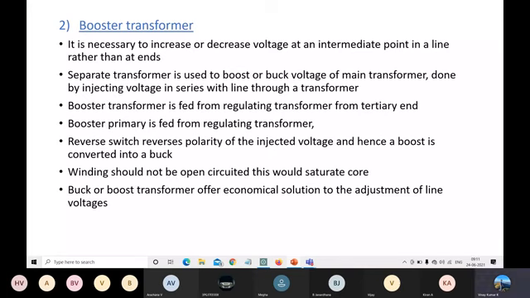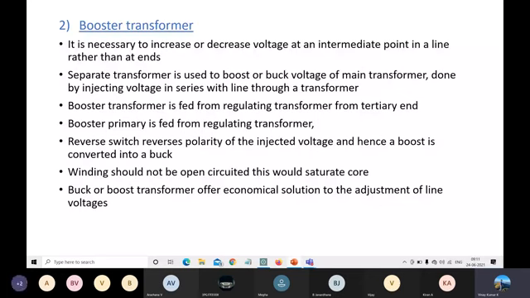Okay. So if you want to absorb that reactive power, you have to draw the current. So at that time, when you have to draw the current, you have to use a buck transformer, which is stepping down. Buck is nothing but a less amount compared to the main transformer, main voltage.